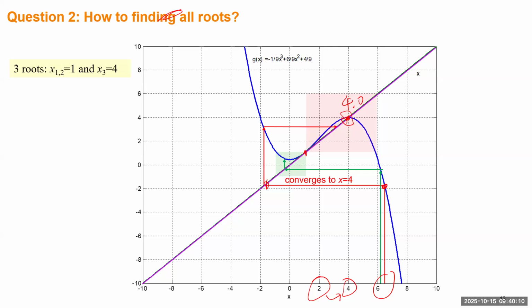Once you get into that region, you'll stay there. So different roots of the equation may have different domains of attraction. If you're able to get into that domain, you will converge to that root. So to answer the question of how to find all roots, you just try many different initial estimates. But how many to try, we don't know, unless you have a big picture of this function.